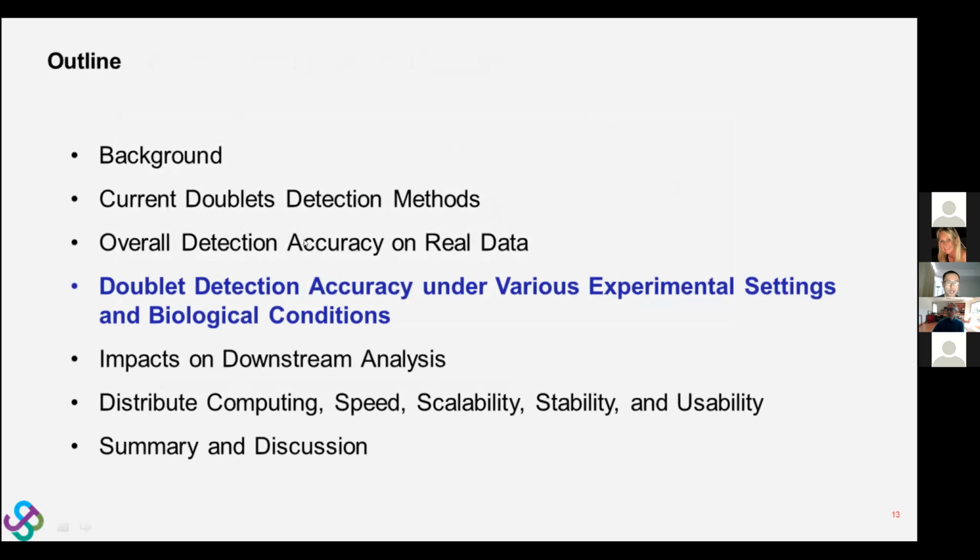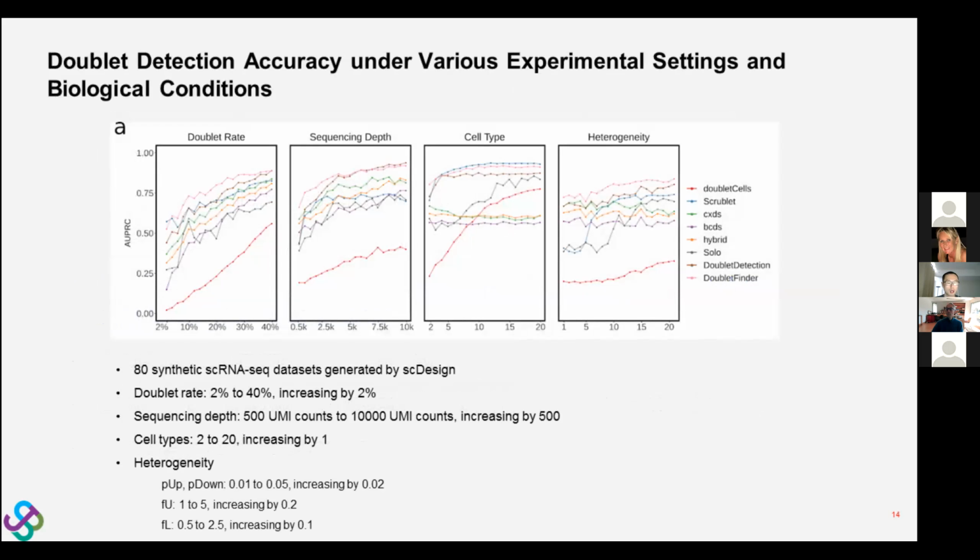Next, we check how methods perform under different experimental settings and biological conditions. In this benchmark, we use our in-house designed simulator to generate realistic synthetic data sets with known doublet labels.